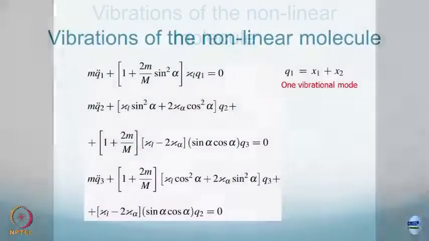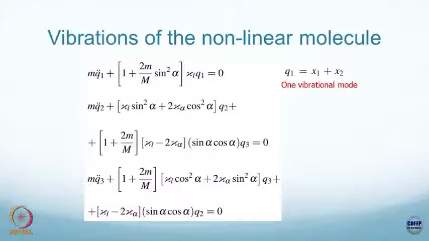So, equations of motion for that Lagrangian. Interestingly, you see that this first equation is completely decoupled. It has no coupling to q2 or q3. So, straight away from here you can read off that q1, which was defined to be x1 plus x2, should be one vibrational mode with this frequency.